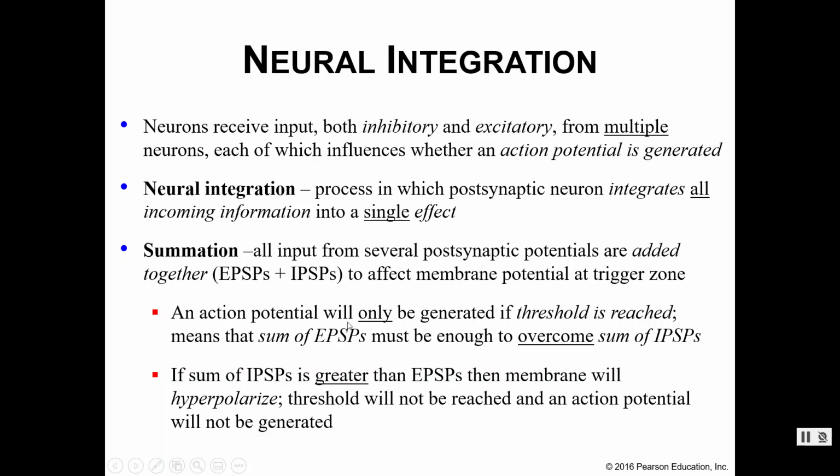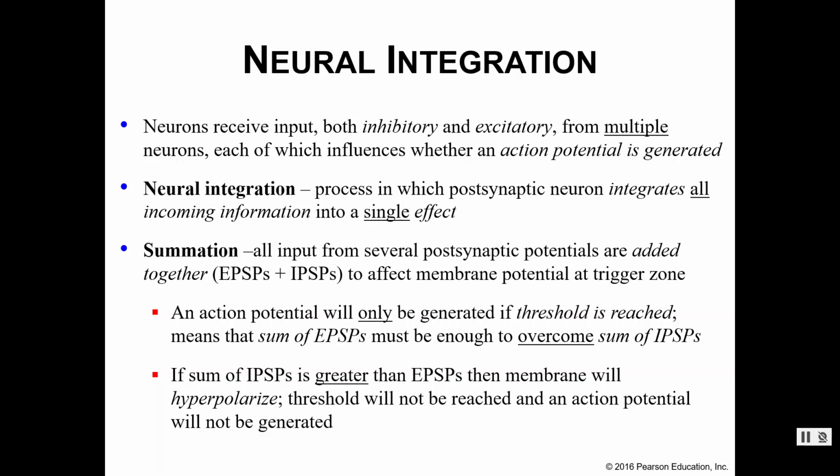Okay, so an action potential will only be generated if threshold is reached. We know that. Well, the only way to reach threshold is we have to get enough EPSPs to outweigh any IPSPs that we might be receiving as well. Okay. If the sum of the IPSPs is greater, then you would hyperpolarize, you would go farther away from threshold, and you would not trigger an action potential.